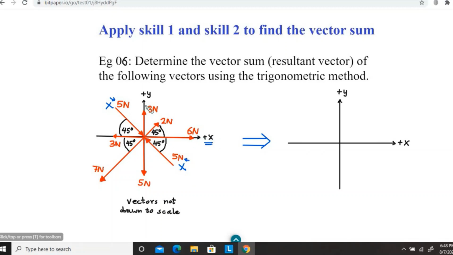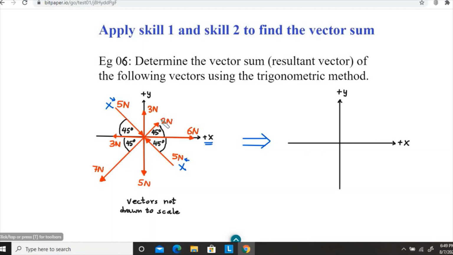So similarly, you can look at the vertical vector components, that is along the y direction. The 5 Newton force is downward and the 3 Newton force is upward. So there's a net effect of 2 Newtons in the downward direction.